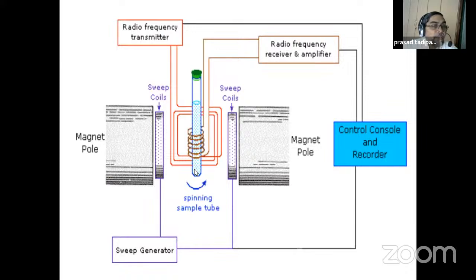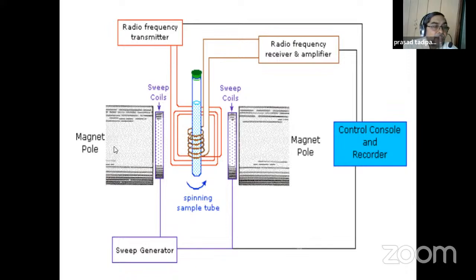This is the tube containing the sample. We can keep the sample inside this tube, and around this tube you have the radio frequency receiver and amplifier.